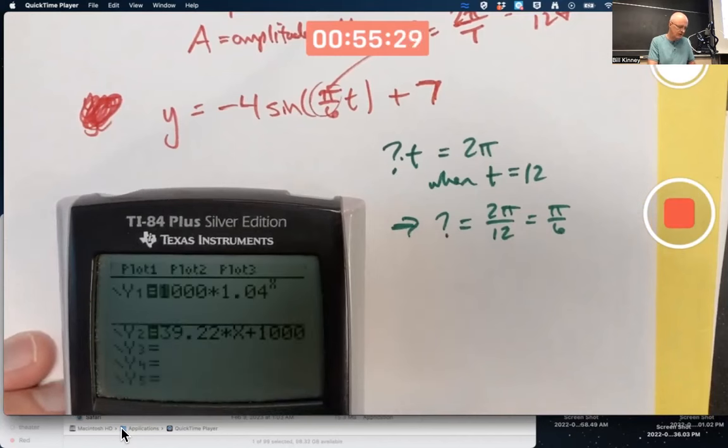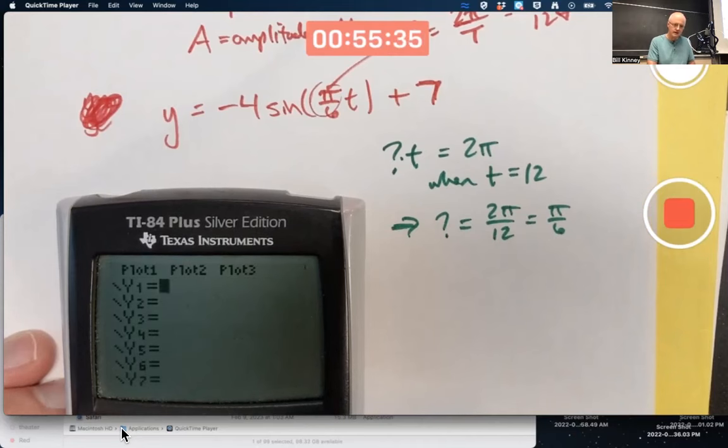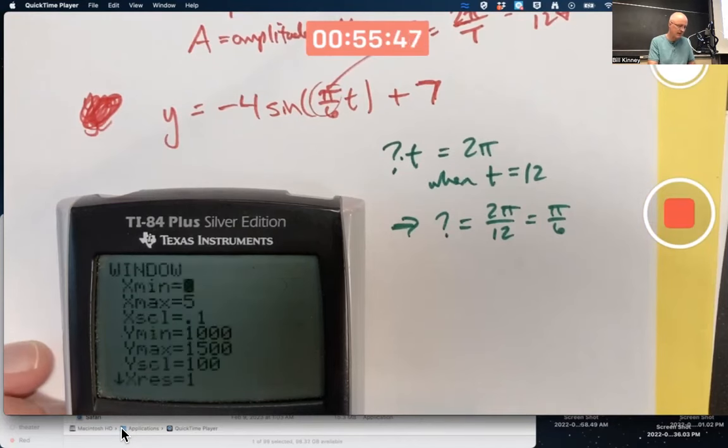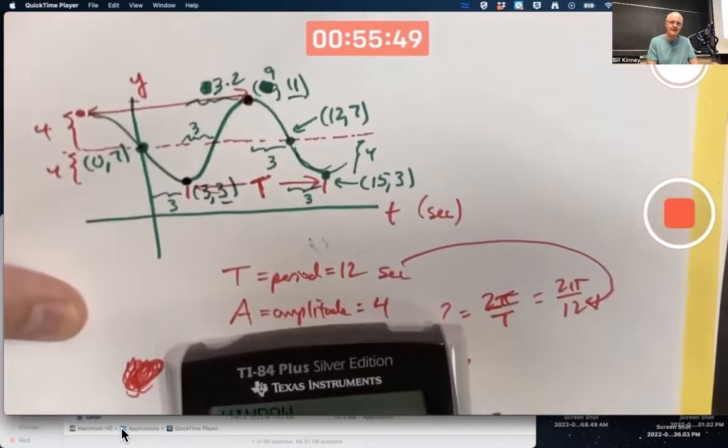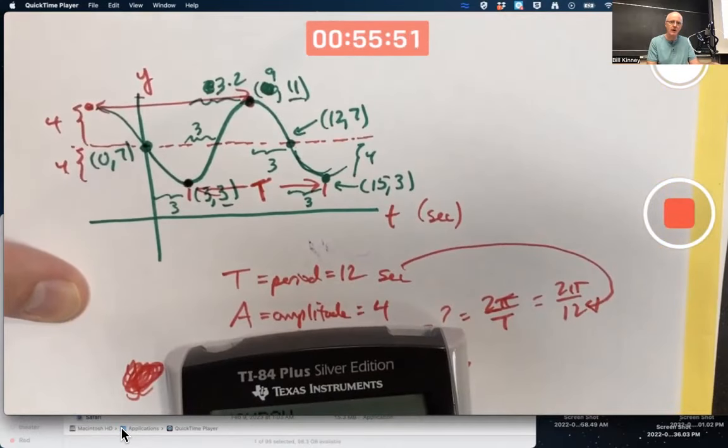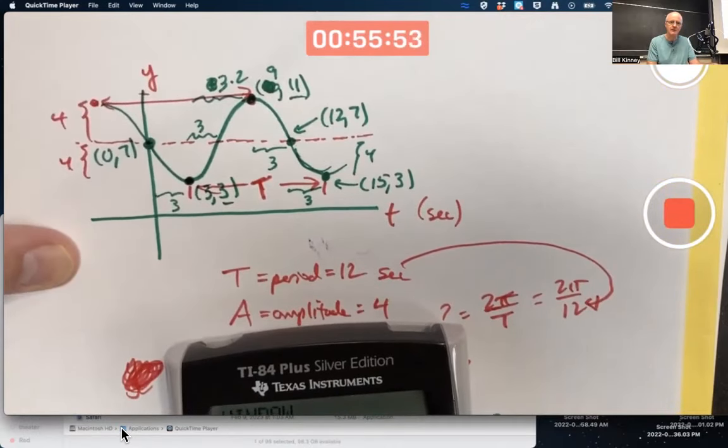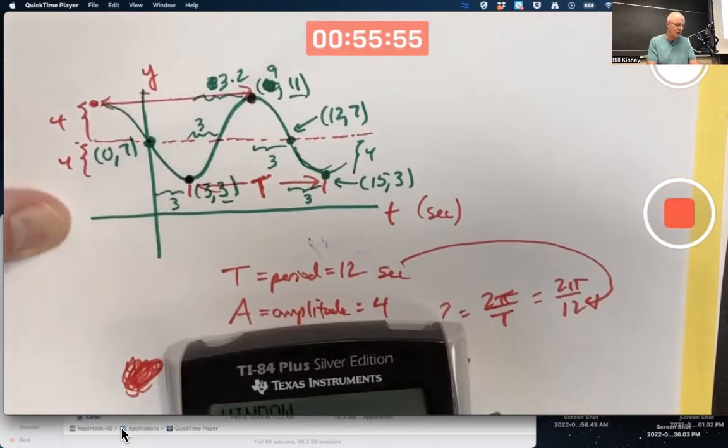Go to your graphing menu, clear other things out, and enter -4 sine of pi over 6 times x. Pick a good window like the one that I drew by hand. Say x goes from 0 to 20 and y goes from 0 to 12 or something.